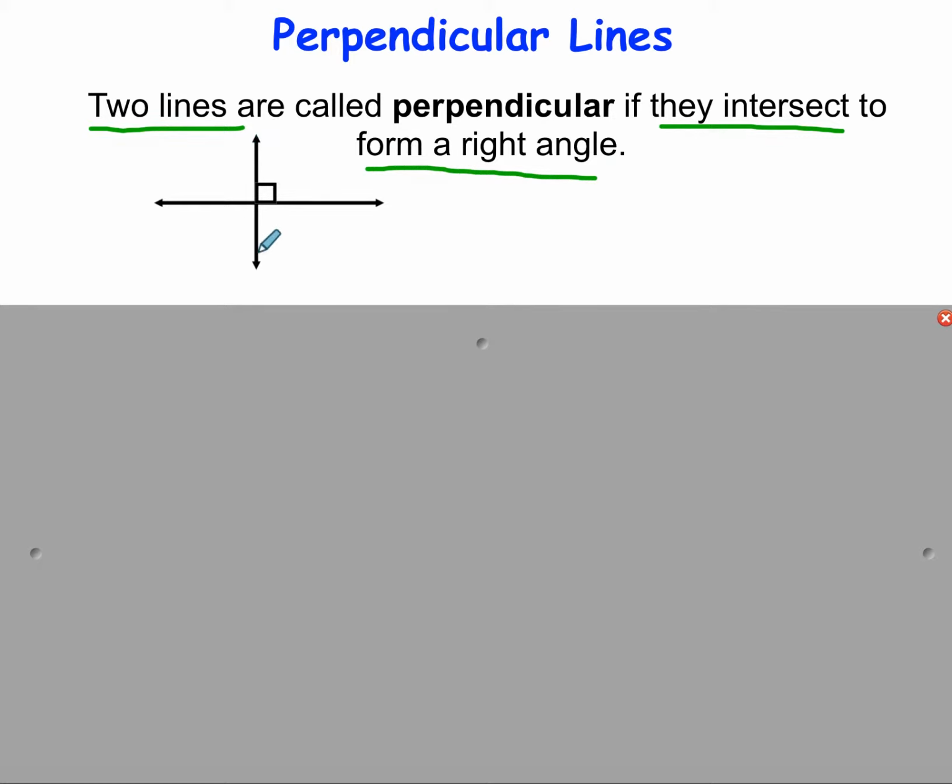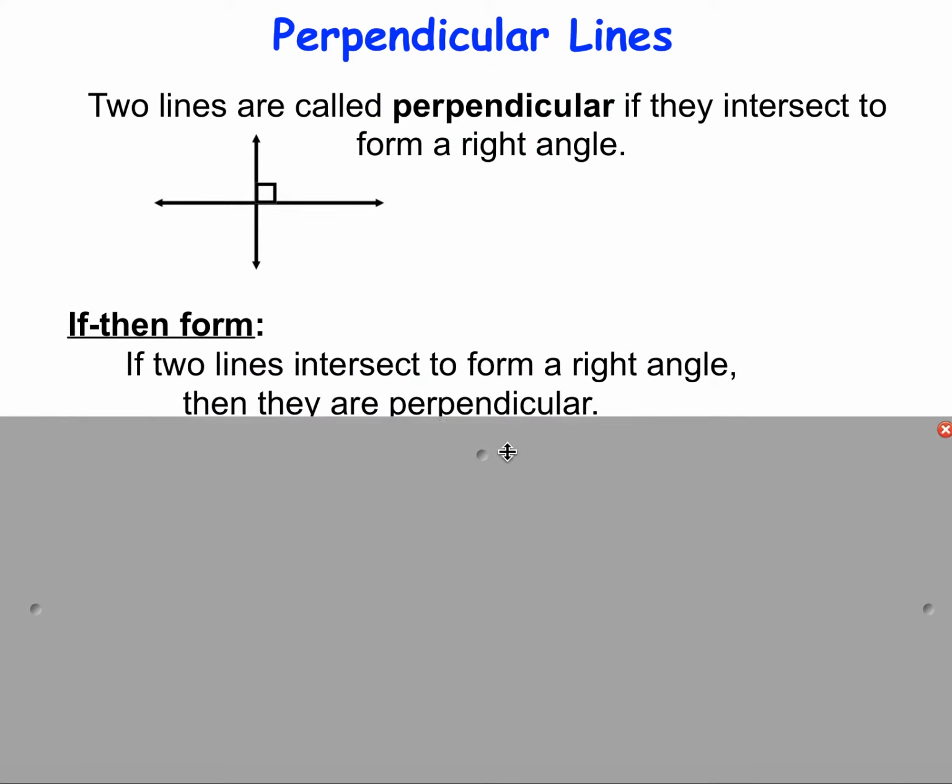What does that mean? That means when they intersect, there is a right angle that is formed, and that's signified by this little box right here. That signifies a right angle, and of course we know that a right angle is equal to 90 degrees, but two lines that intersect to form a right angle are defined as a specific type of intersection, and that type of intersection is perpendicular. Okay, so that is perpendicular lines.